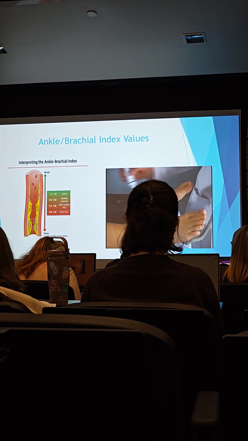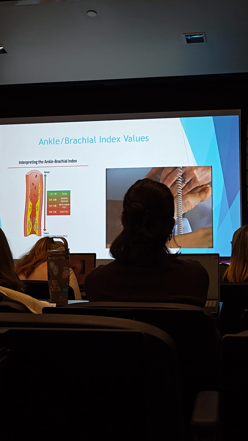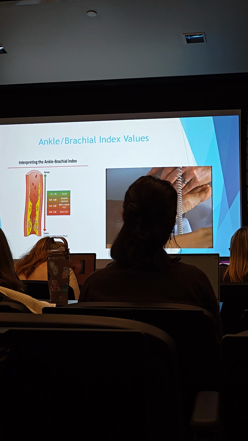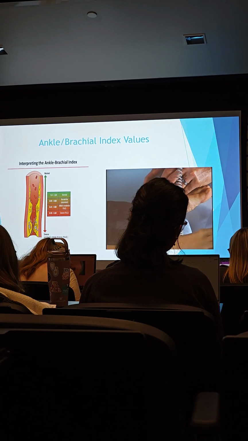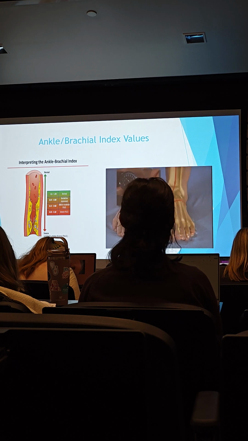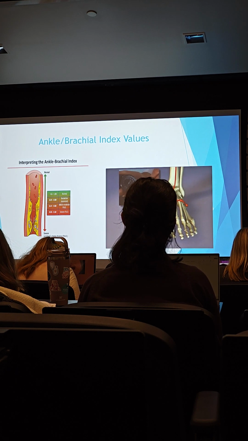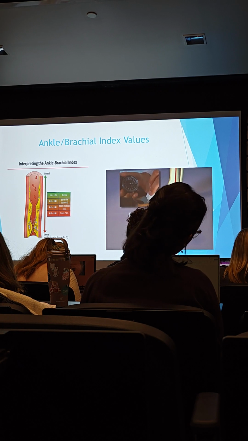If no pulse is felt, you should obtain an arterial Doppler signal, which can be monophasic, biphasic, or triphasic. Apply the Doppler probe to this area and inflate the blood pressure cuff to 20 to 30 millimeters of mercury above the level of flow cessation. Then slowly deflate the cuff until you hear the sound of the systolic pressure and record it.